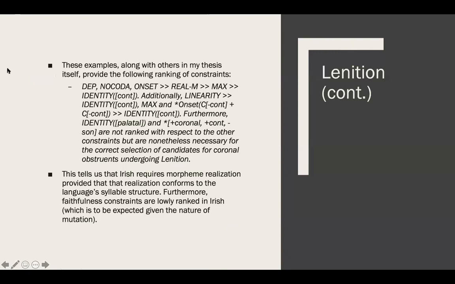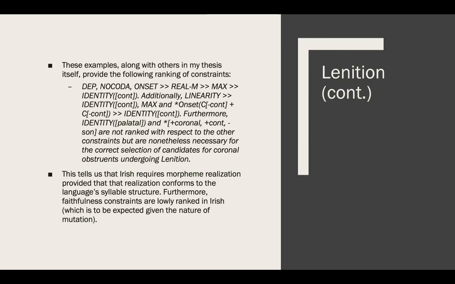From this, I was able to conclude that realized morpheme is a trigger for the mutation in Irish, namely that there is a necessity in Irish to realize morphosyntactic elements when possible, and that this realization is sensitive to syllable structure, but not faithfulness.